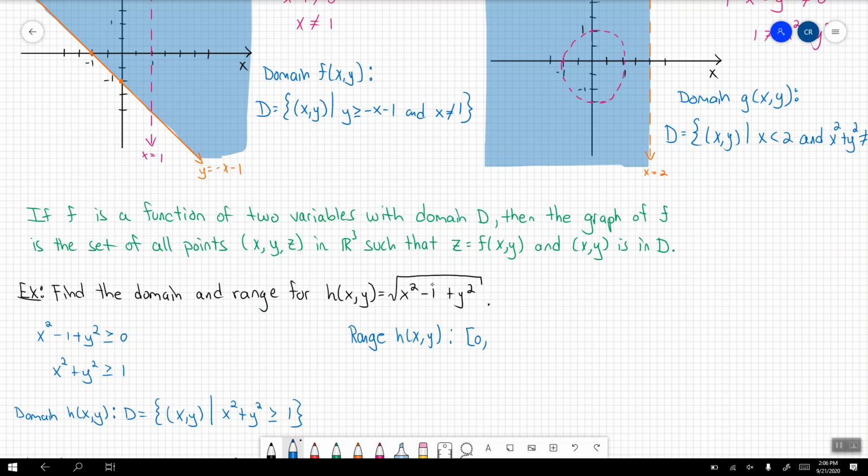Well, x and y, according to my domain restriction, are just going to be unbounded so long as the radius of that circle is greater than or equal to 1. So that means your x's and y's are unbounded, therefore you can take any larger value for that radicand, and the square root of that will just send you off to infinity. And so here we've identified the range and the domain for this function. Great.